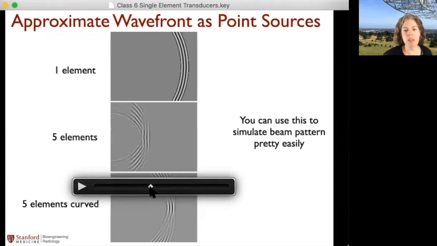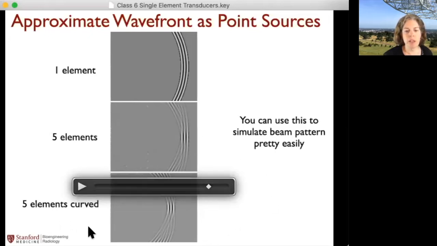A little bit later, there's a nice area of constructive interference that seems to be very consistent in the center, and next to that, there's destructive interference. That gives you the idea of how you can use multiple elements to build up a beam.